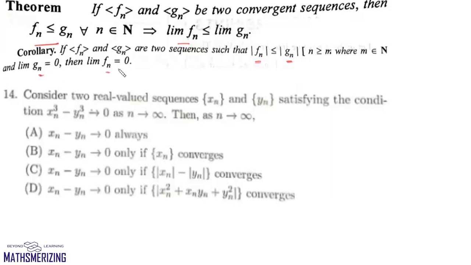Say for example, consider two real valued sequences x_n and y_n satisfying the condition that x_n cube minus y_n cube tends to 0 as n tends to infinity, then which of the following is correct?